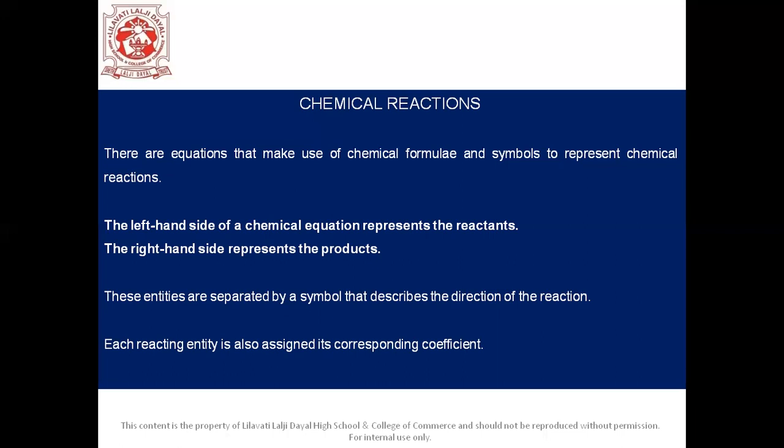The left-hand side of a chemical equation represents the reactants and the right-hand side represents the products. These entities are separated by a symbol that describes the direction of the reaction. And each reacting entity is also assigned its corresponding coefficient.